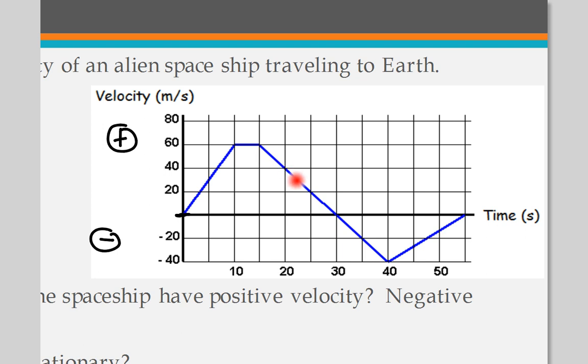So what are you doing? 20 meters per second east. What are you doing? Slowing down. Here, what's happened right here? You've stopped. And now you're traveling west, and you're actually speeding up. So here you're slowing down to a stop, and now you're speeding up in the other direction. Let me draw that on the whiteboard.